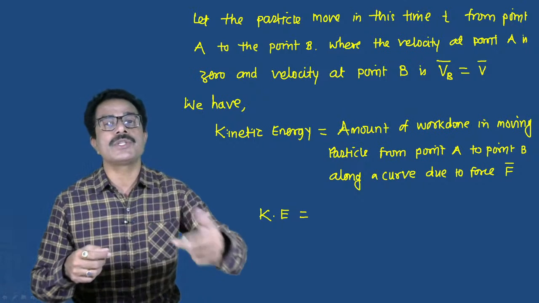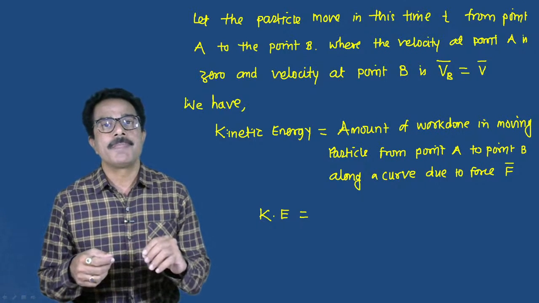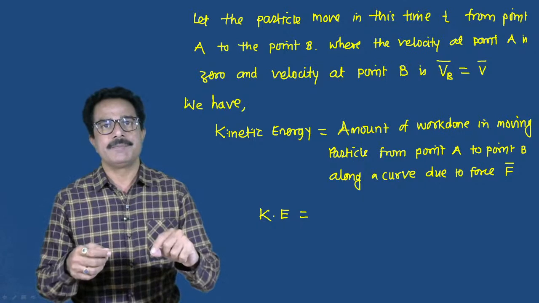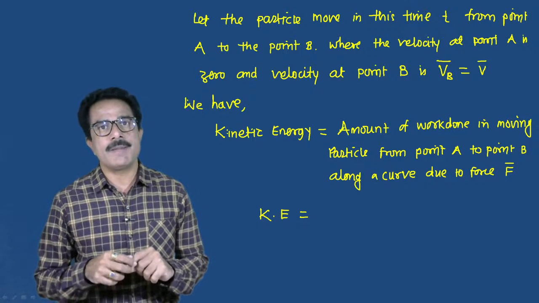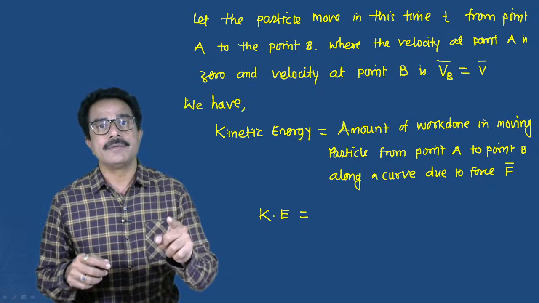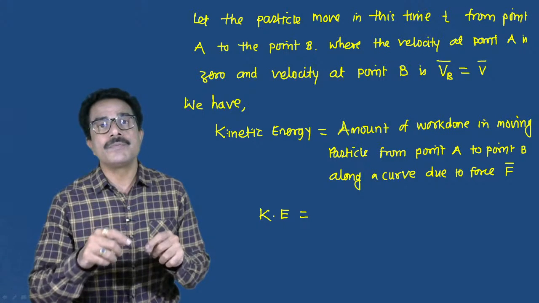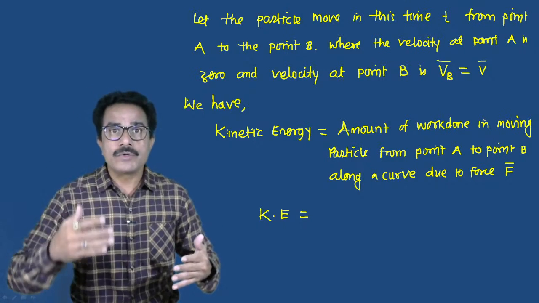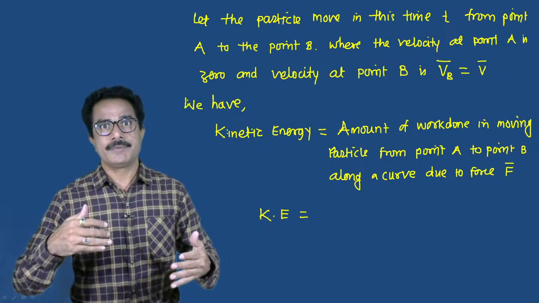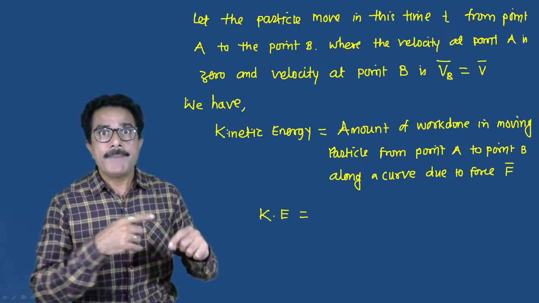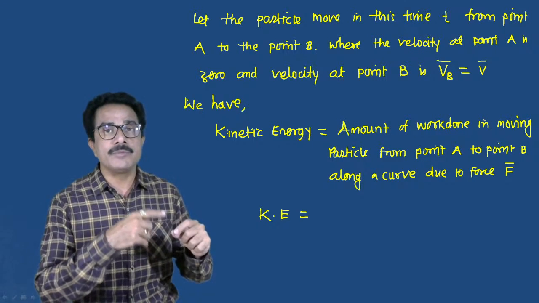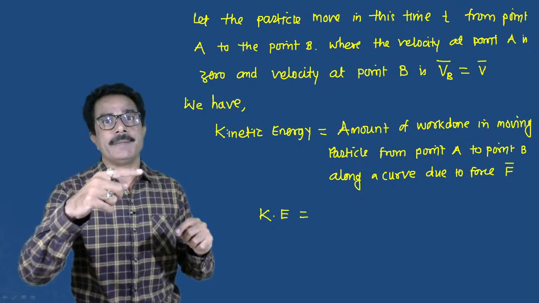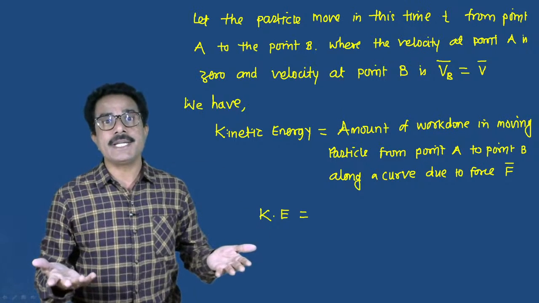Work done means force into displacement. Suppose delta r bar is the displacement and the force is F bar. So work done means force into displacement. But we have to find the total work done as the particle moves from point A to point B, so we have to take the integration.